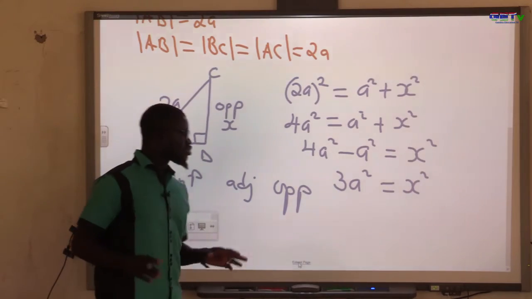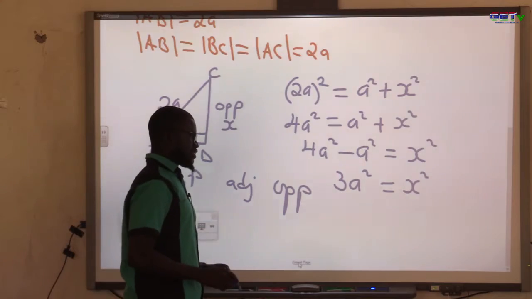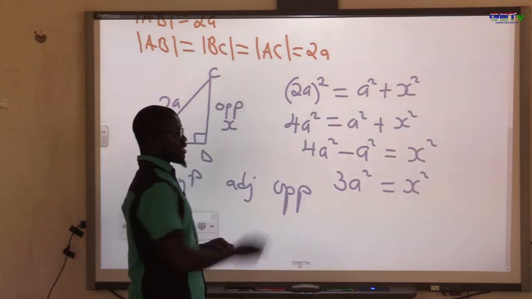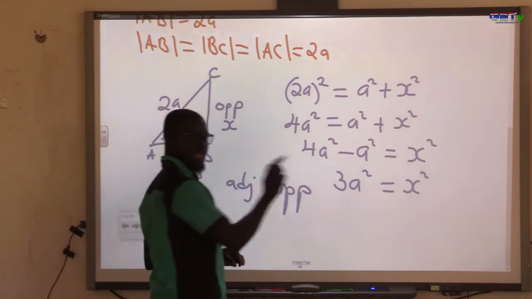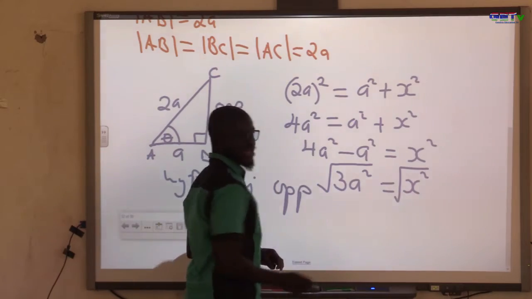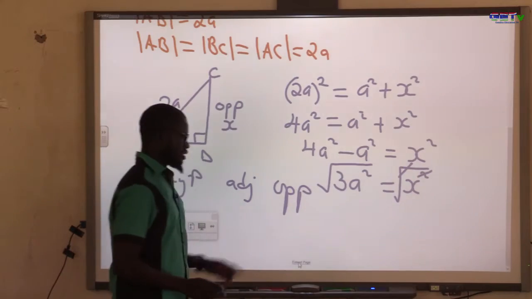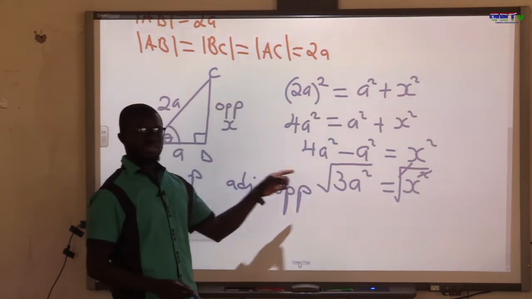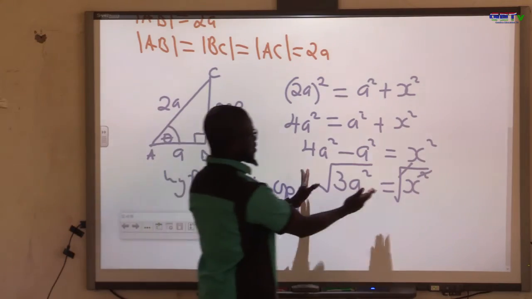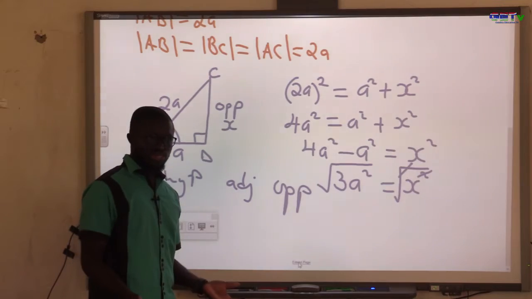Our target is we want to know the value of X. In our last lesson, remember, you were told that to find the side you are asked to calculate, once it is affected by a power of 2, you can always take the square root of both sides. And that will give us the square cancel the root. And here, remember, mistakes are always made by students when they are simplifying things like this. There is an operation combining the 3 and A squared. And what is that operation? It's multiplication.